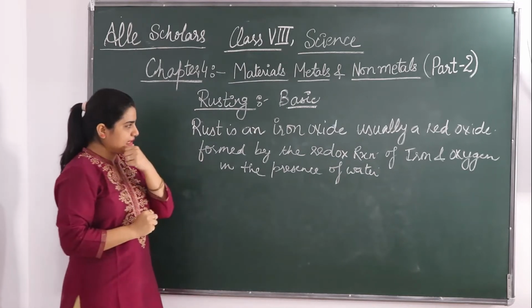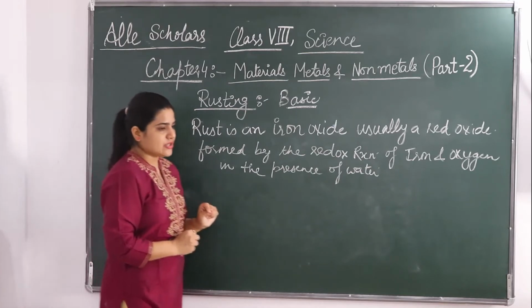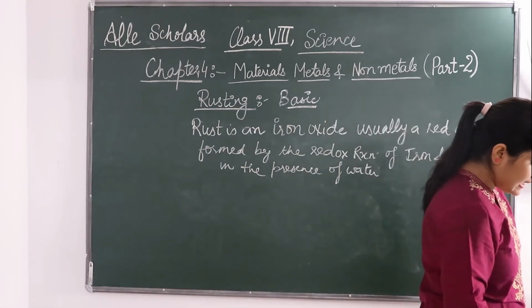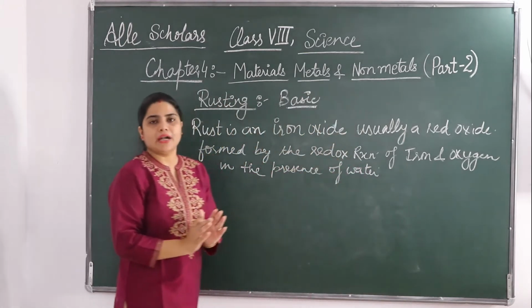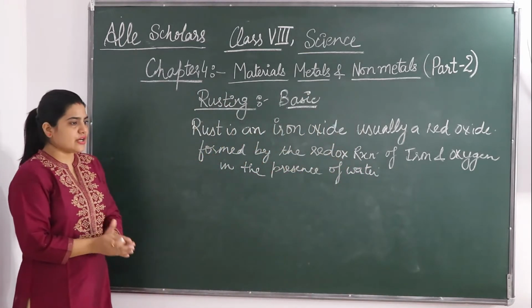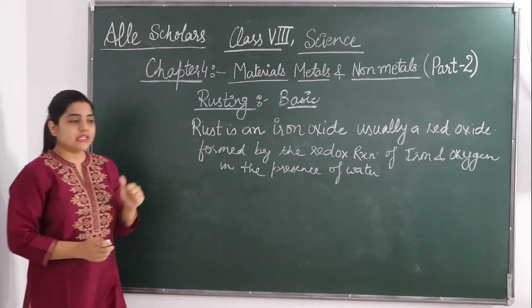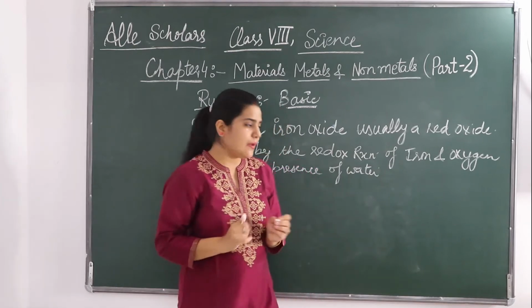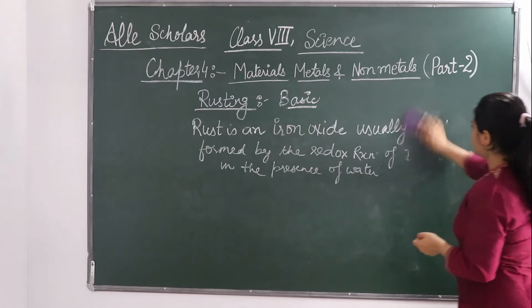Because iron oxide is also an oxide and it is basic in nature. So are all oxides basic in nature? The answer is no. Most of the metal oxides are basic in nature, but some metal oxides are not. They show both acidic as well as basic behavior. Okay? So next we shall be seeing this.